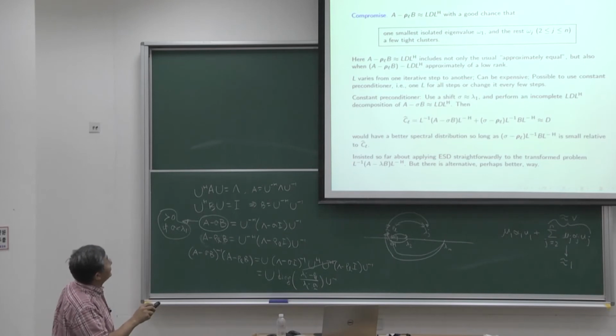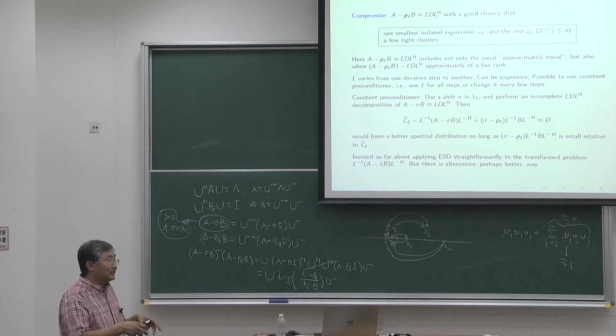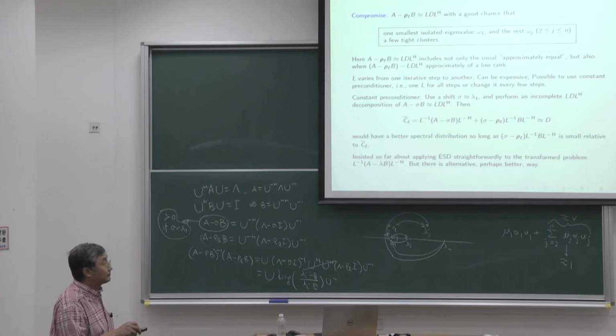Then you make the rest of the eigenvalues, hopefully, into a tight cluster. Not ideally into one point, but maybe 5 clusters, or 6, or 10. It's just a rough number, of order 1 clusters. If you can do that, then you're fine. Your code will run very quickly.